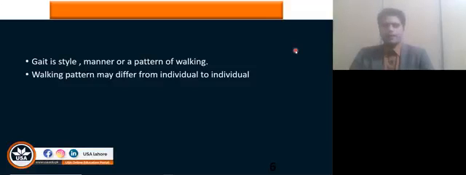So to define a gait cycle is to say that a full gait cycle is defined by the occurrence of a sequential stance phase and swing phase by one limb.